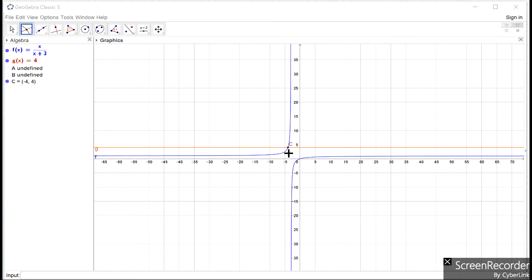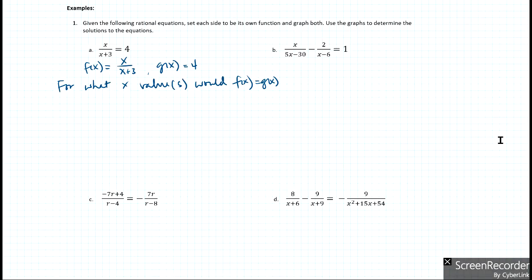You can see C is exactly at the intersection of the two curves. So just be careful when you select the curves, make sure you're actually selecting the two curves over here. As you select the curves, they should be highlighted in the left column, and we found the solution is negative 4, 4 in this case.